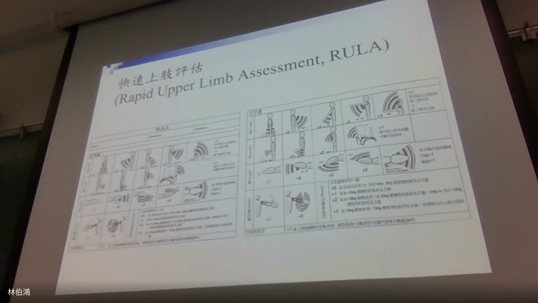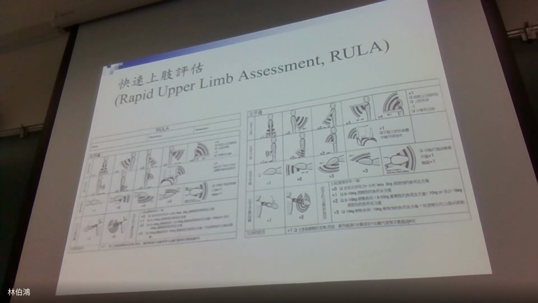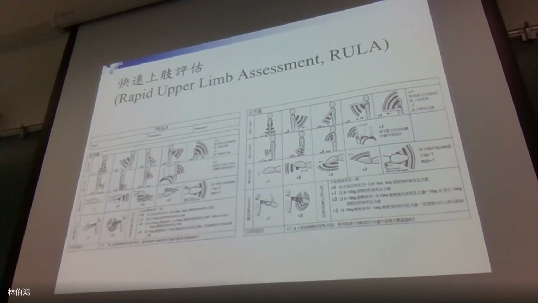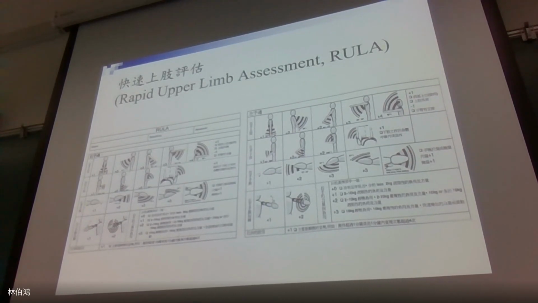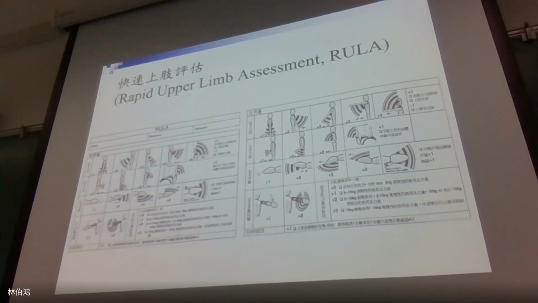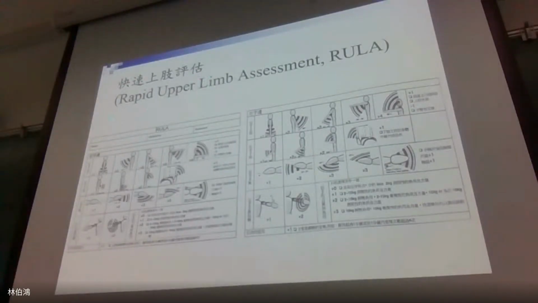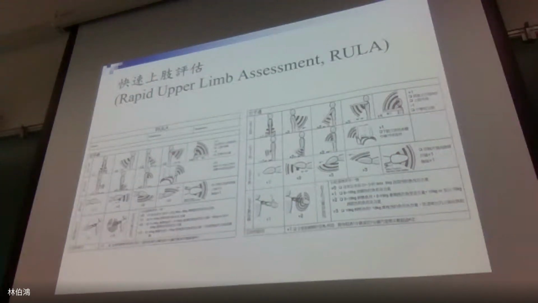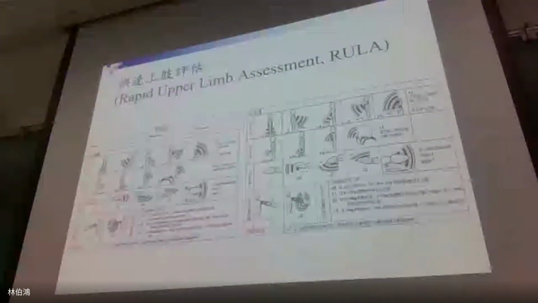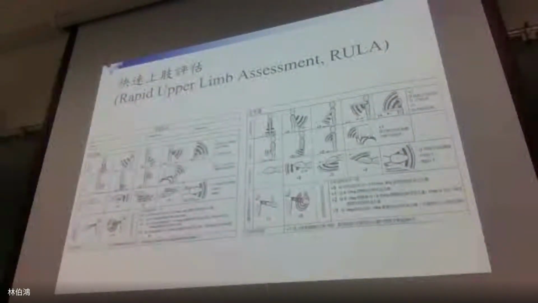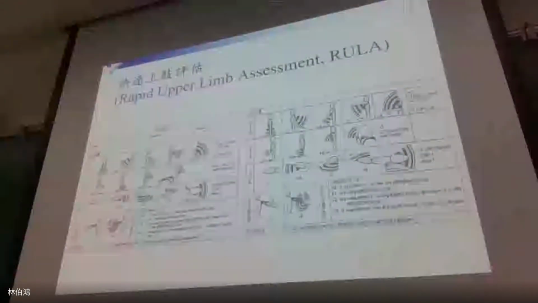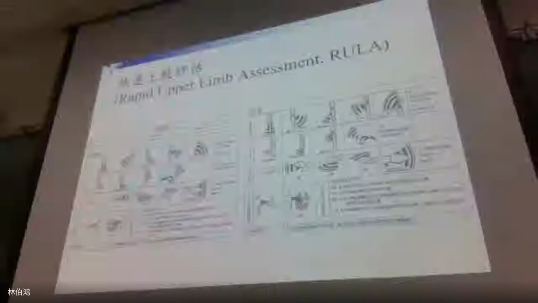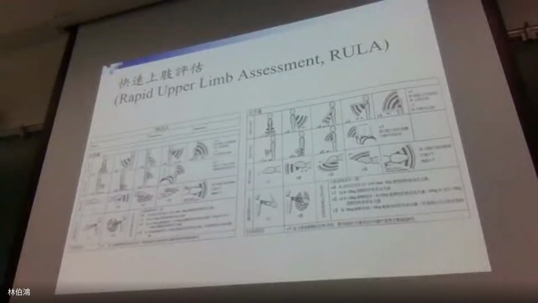And also RULA. Okay, so the full name of RULA is the Rapid Upper Limb Assessment. You can see it focuses on the rapid upper limb. In some operations, maybe the worker stands for a long time, but the content is moving their hands and doing some delicate operation.